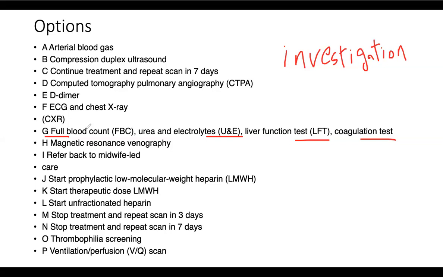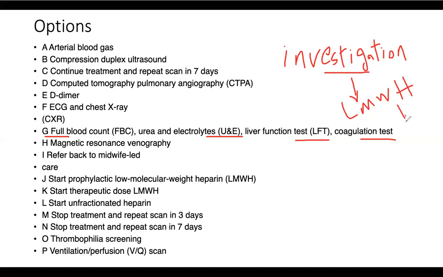No. Okay, so this will be the investigation, then followed by starting the low molecular weight heparin. This is the correct sequence of events.